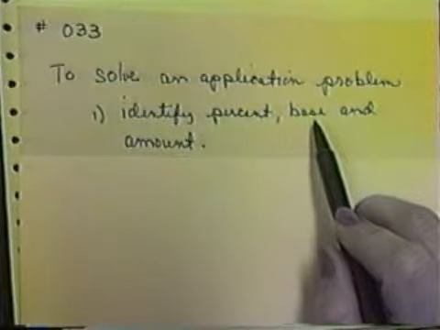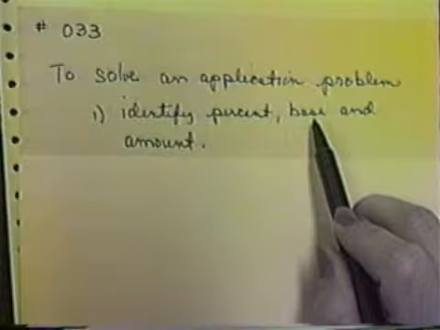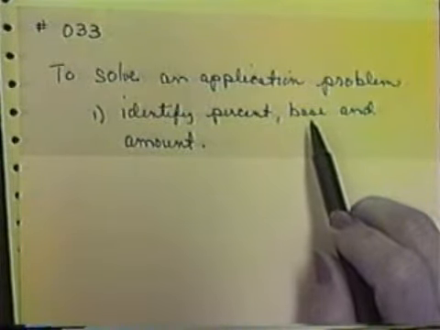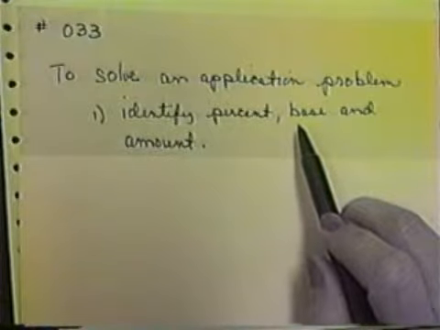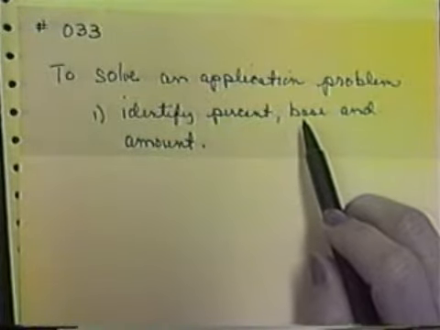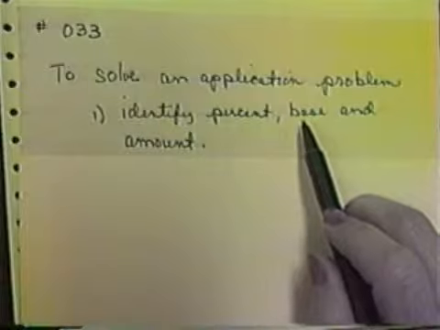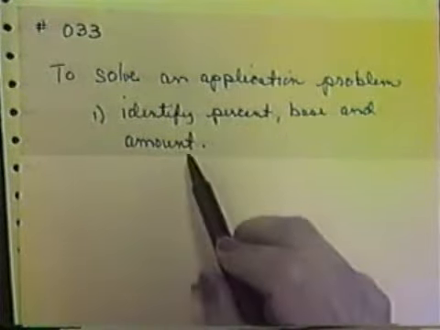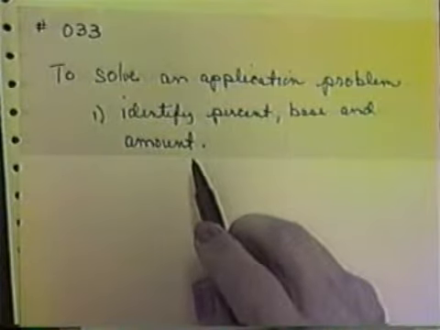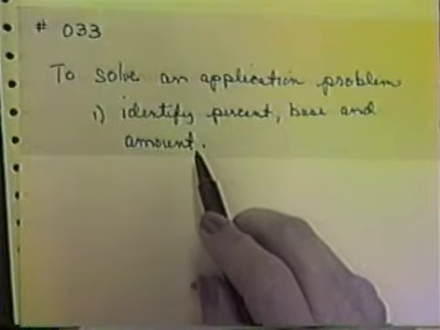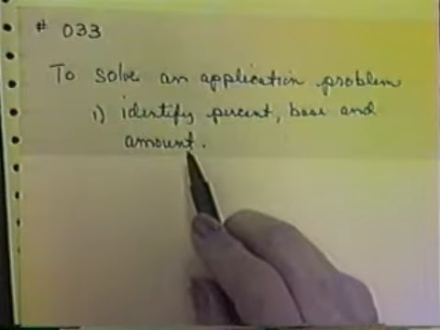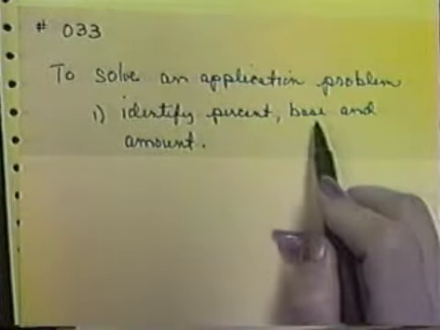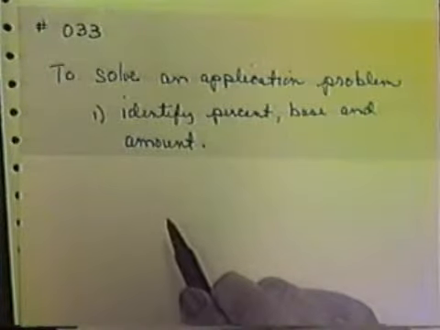The base is what you're taking the percent of. It's usually what comes after the word of. It could be the total amount or the original amount that you start with. And the amount is the part of the whole, and it's usually what you haven't used yet. So identify the percent and then the base, and then the amount is fairly obvious at that point.